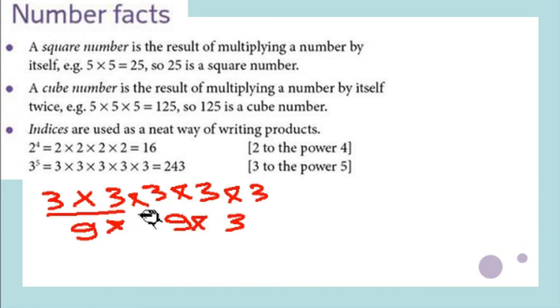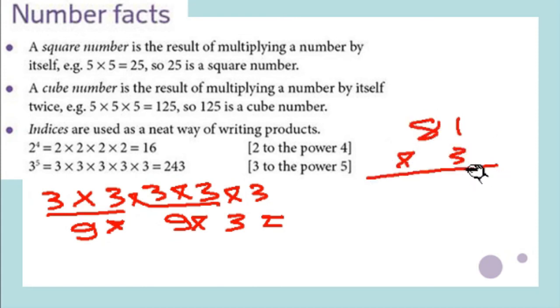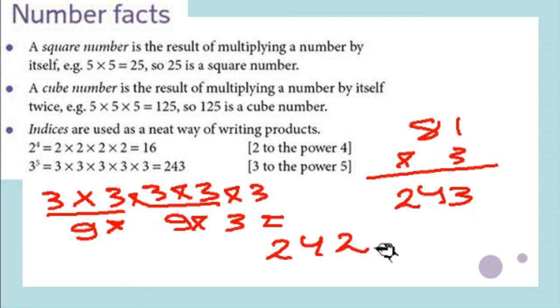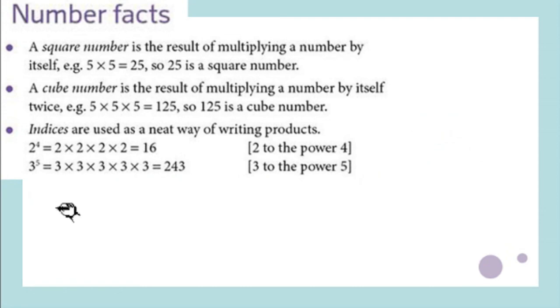I took the first 2 threes here: 3 by 3 equals 9, and 3 by 3 equals 9, and I put it here. 9 by 9 equals 81 by 3. 3 by 1 is 3, 3 by 8 equals 24. So it is 243. Let me tell you something: if I put 3 power 6, solve it and send it in the comments for me.